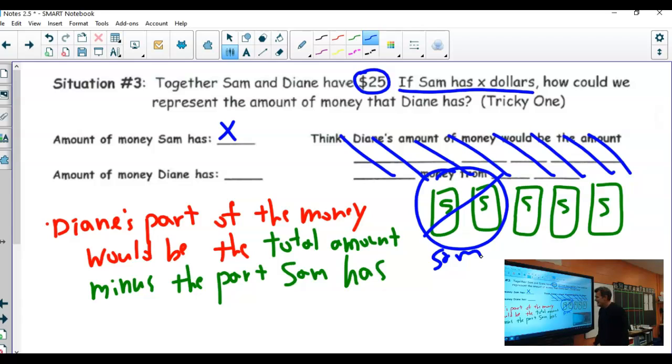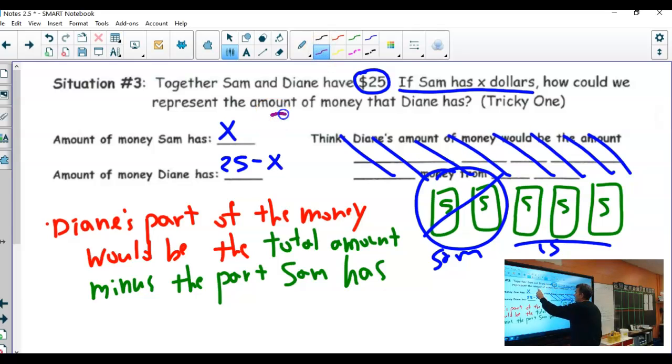How much does Diane have? Well, she has the amount that's left over. She has the $25 total minus the part Sam has. She has $15, right? Or if Sam has X dollars, then she has the total amount minus the part he has. She would have 25 minus X.